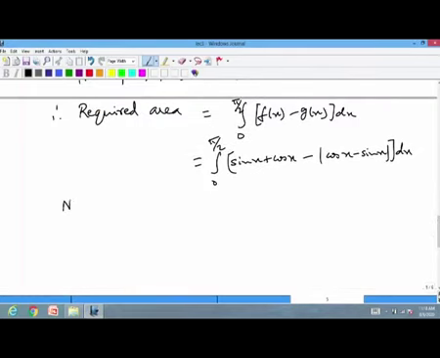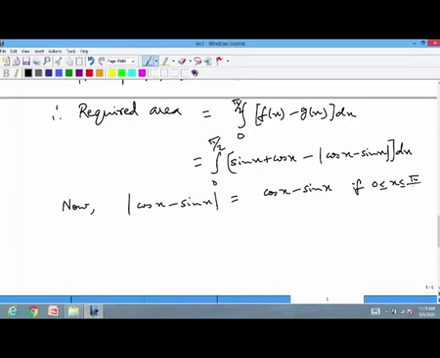Now, we have mod cos x minus sin x, which is equal to cos x minus sin x if cos x is greater than or equal to sin x, and that is if x is between 0 to pi by 4, we know that cos x is bigger than or equal to sin x, and for x between pi by 4 to pi by 2, sin x is bigger than cos x. So, this will be equal to sin x minus cos x.